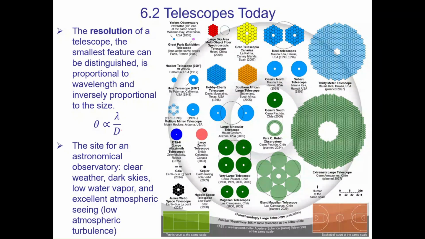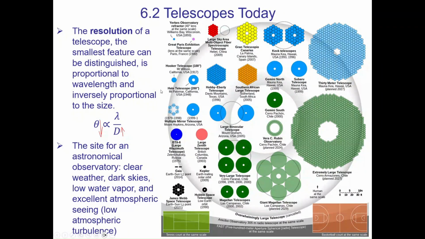You can see the smallest angle is inversely proportional to the size. So if we increase the size, we decrease the angle. That means the telescope can now see even smaller angular features. If you take a look at the picture here, the modern telescopes actually use much larger mirrors.